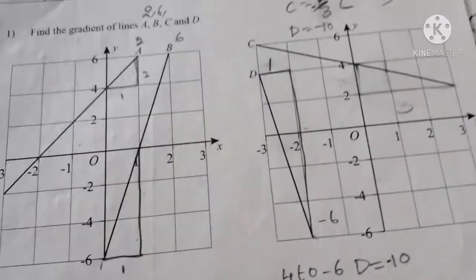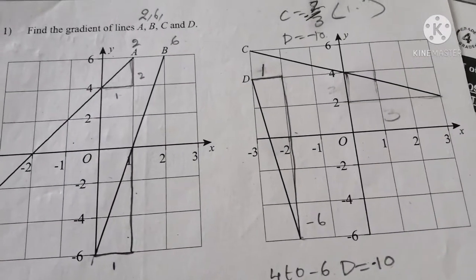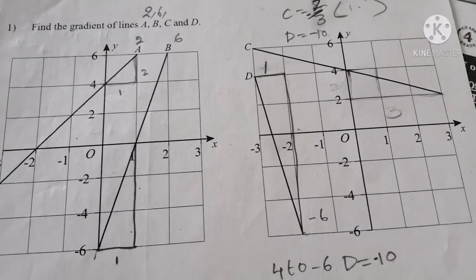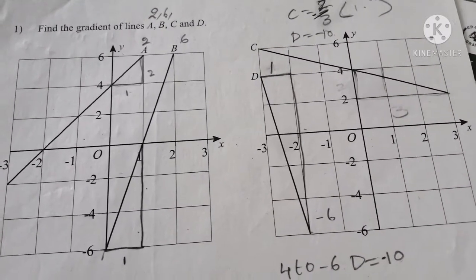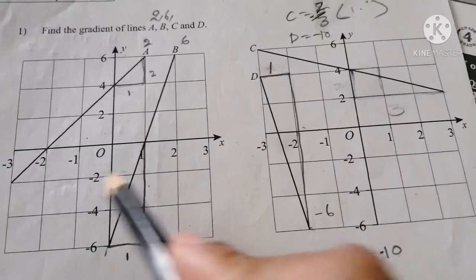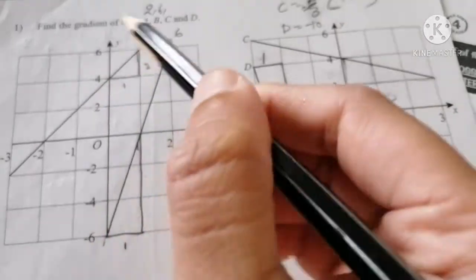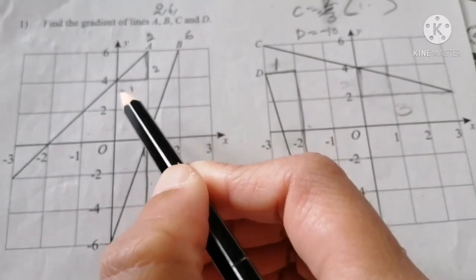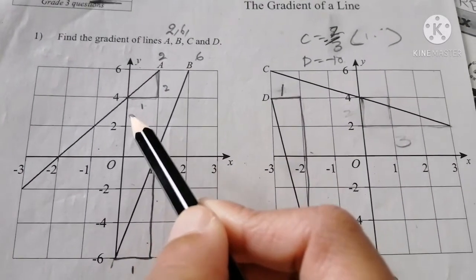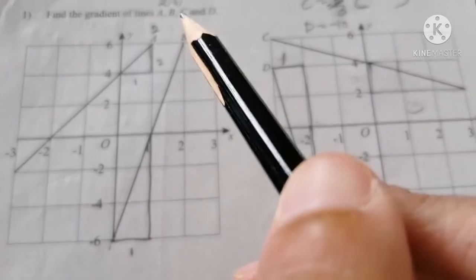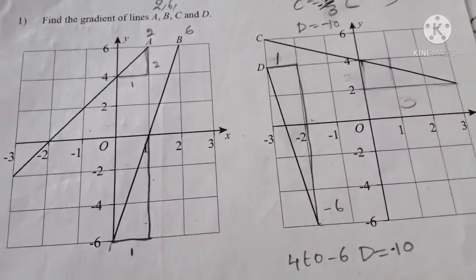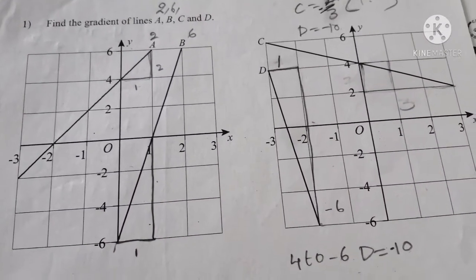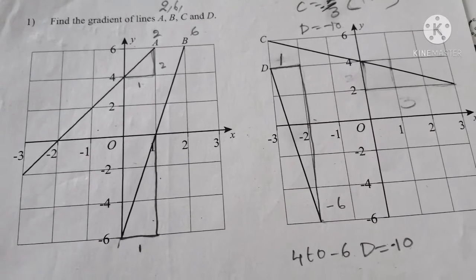And sometimes they will ask, find the gradient of lines A, B, C and D. Here you can see some graphs. We don't need to rearrange the formula, or write anything.